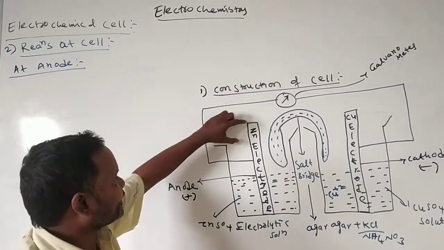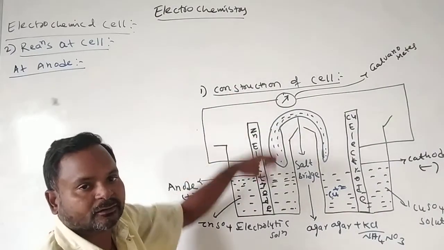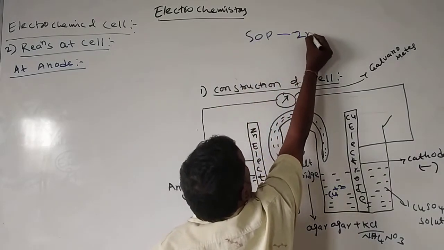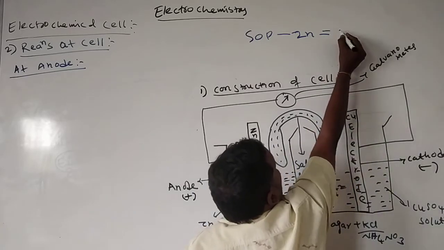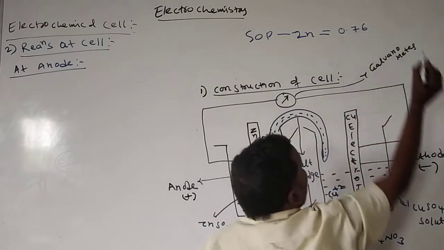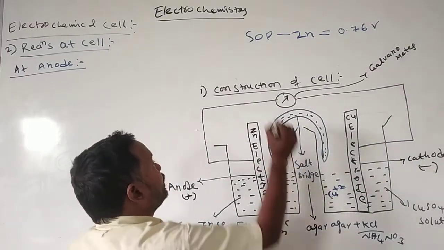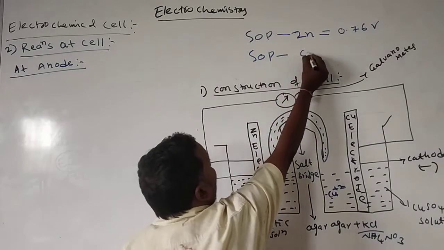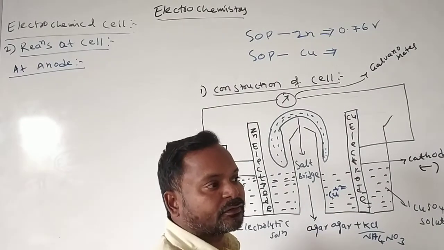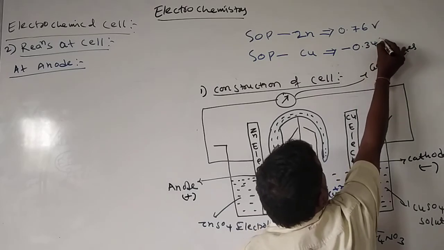Why? The standard oxidation potential of zinc electrode is plus 0.76 volts. Standard oxidation potential of copper can be taken from the electrochemical series, which we will have in continuation. The value is minus 0.34 volts.